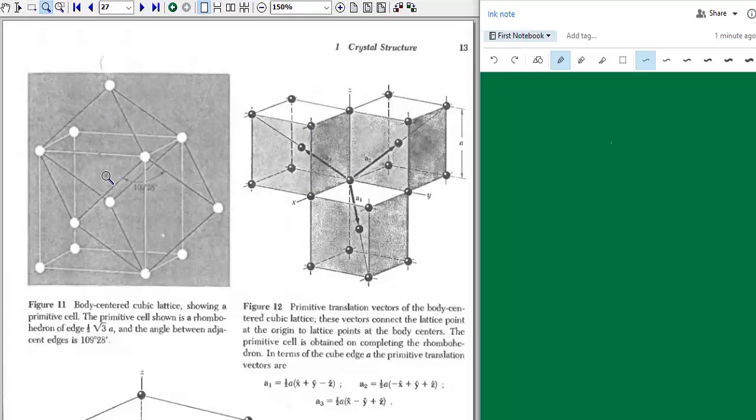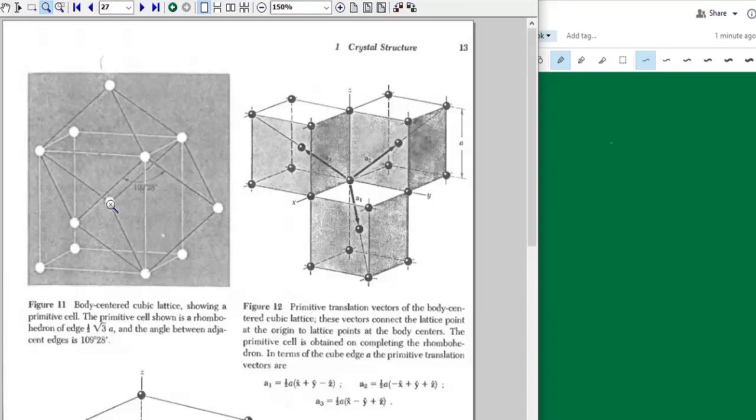So here in this figure, the primitive lattice is shown. The white-edged cube is the body-centered cubic lattice, and the black one is the primitive lattice. This is the body-centered lattice point in the BCC.